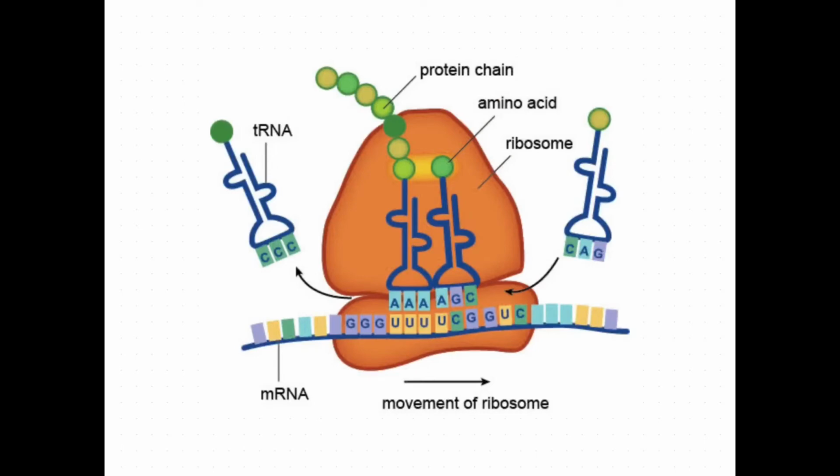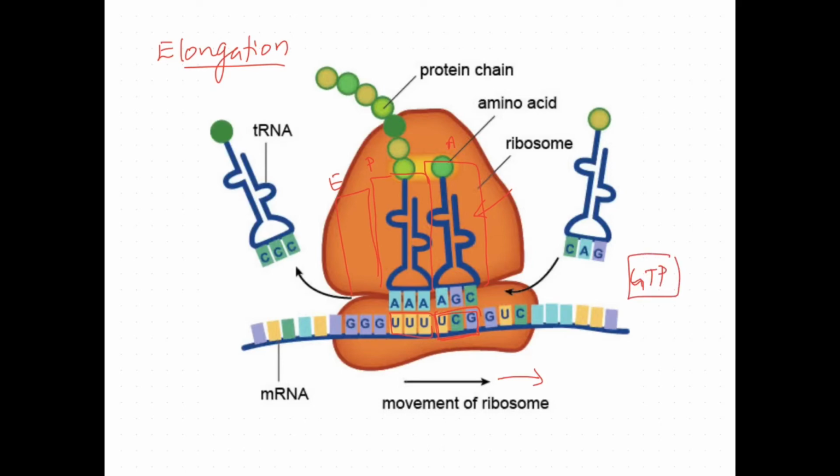The next step is elongation. In elongation, with the AUG codon aligned with the anticodon of the initiator tRNA at the P site, the binding of the second aminoacyl tRNA requires the hydrolysis of one molecule of GTP. Again energy is required; that means every step requires energy.